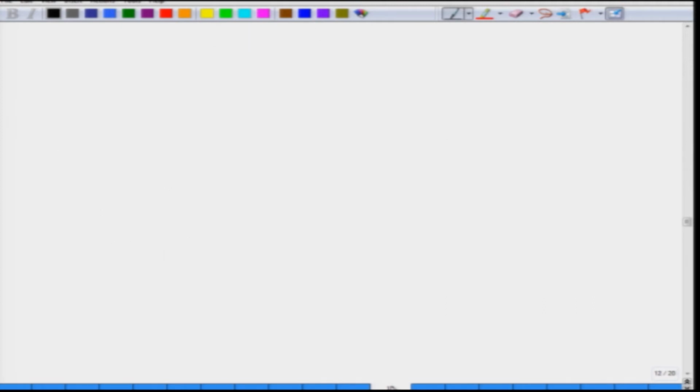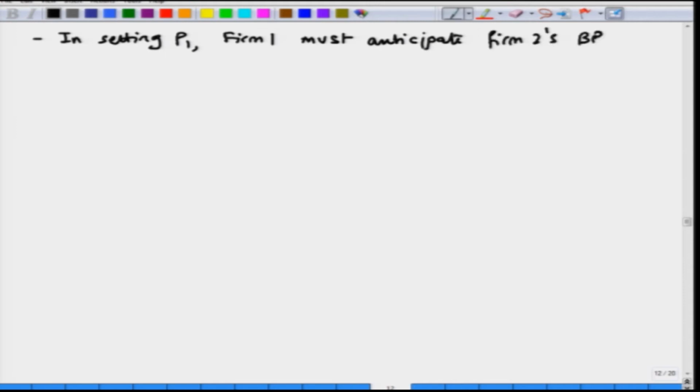So, in setting its price, in setting P1, firm 1 must anticipate firm 2's best response to its choice of price P1.